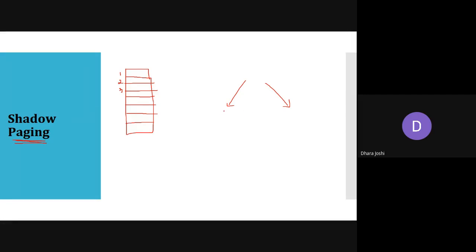So right now, from the database, we have two different pages. One page we call the current page table, and this is called the shadow page. Okay, we have these two different pages.